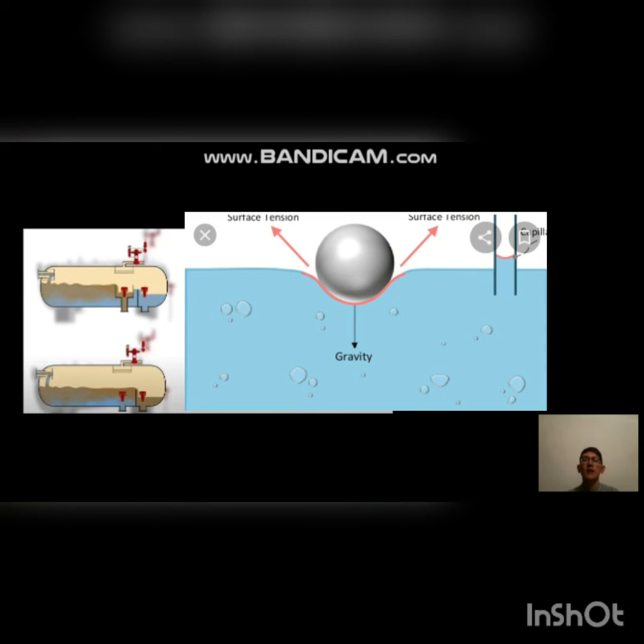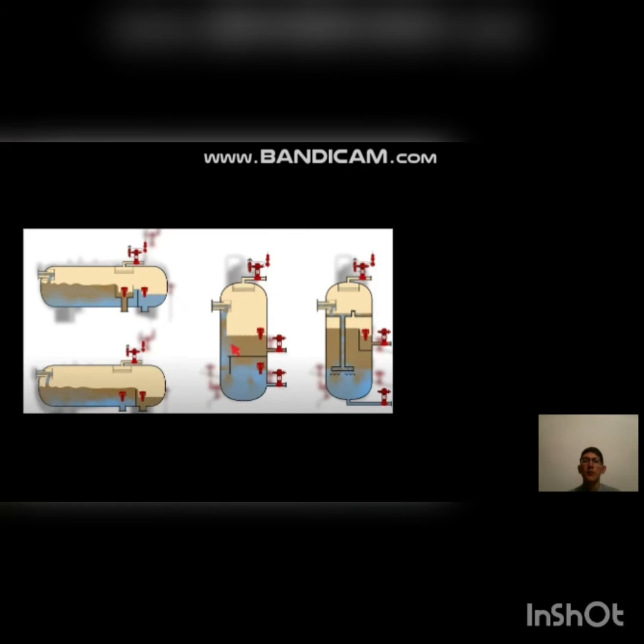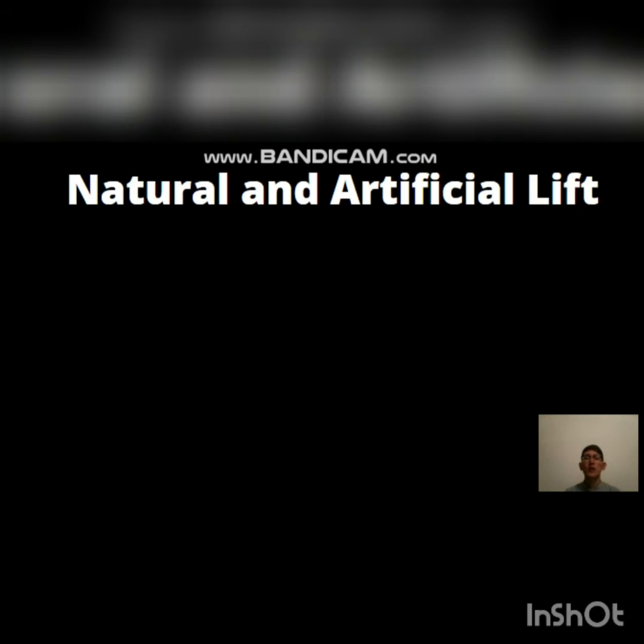Surface tension is the surface of the fluid. As gas is lighter than oil and water, it sits on the top, and water is heavier than oil, that's why it's located on the bottom. So separator helps us to separate oil from gas and water. It's important for production. Let's move to the natural and artificial lift.